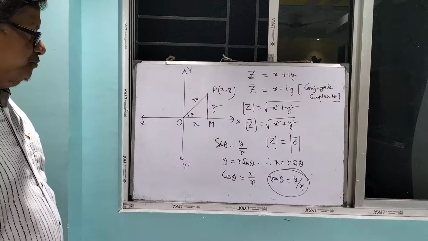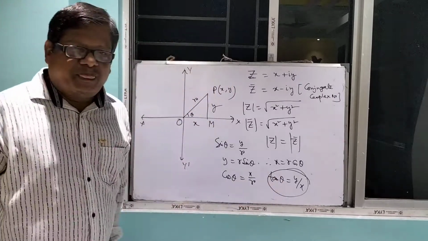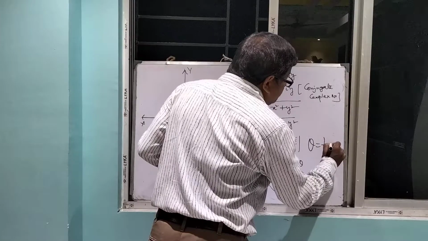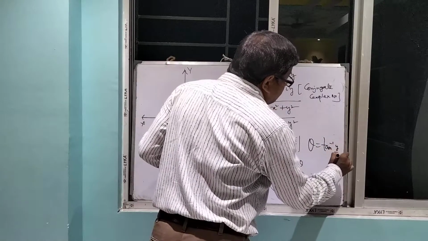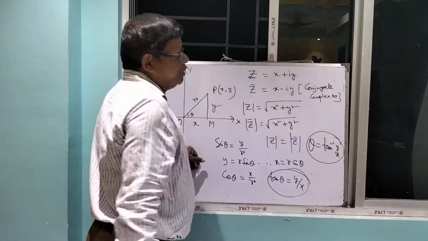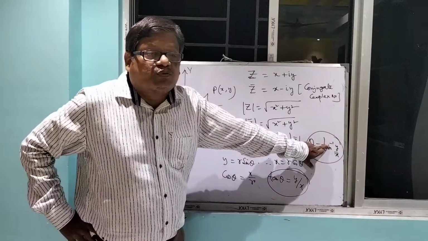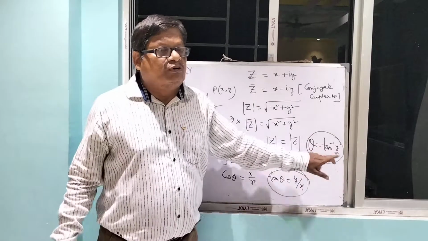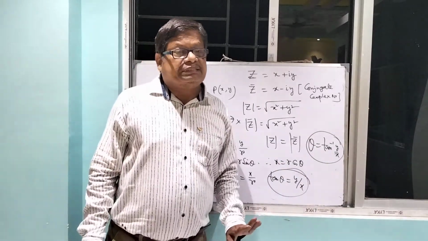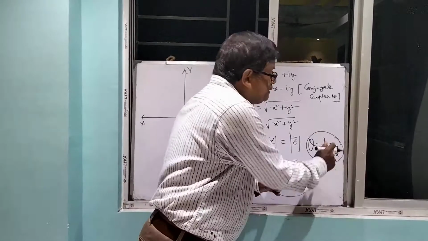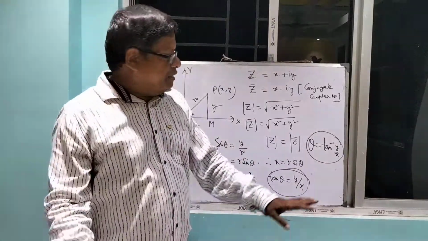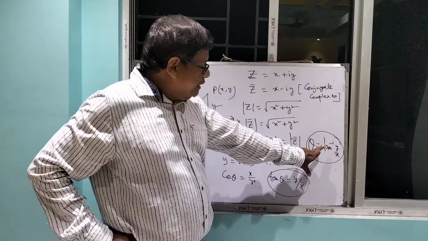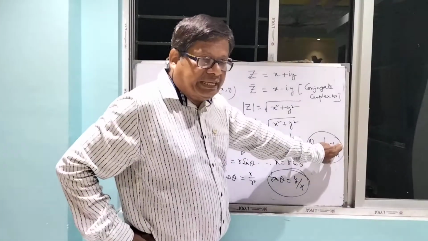Then theta we can write as tan inverse y by x. Don't say this is tan to the power minus one; it's wrong. It is the inverse function, whose value is an angle. So theta equals tan inverse y by x.